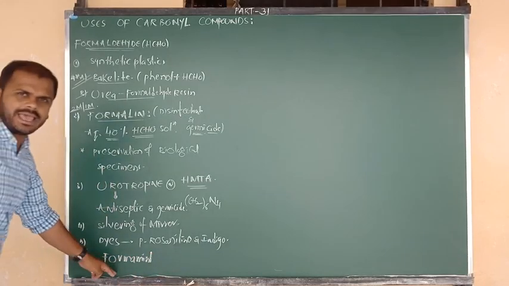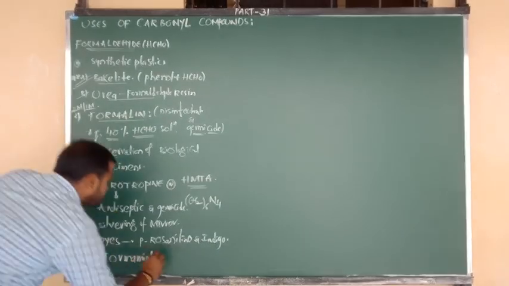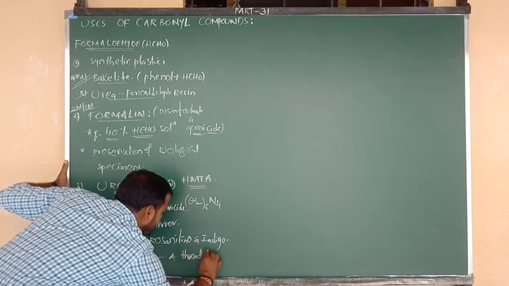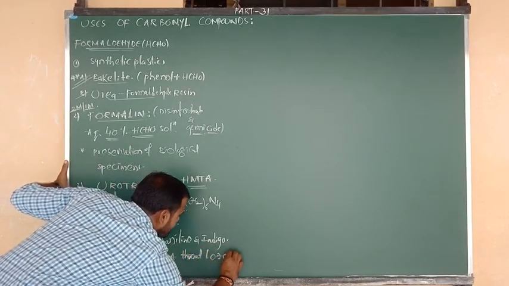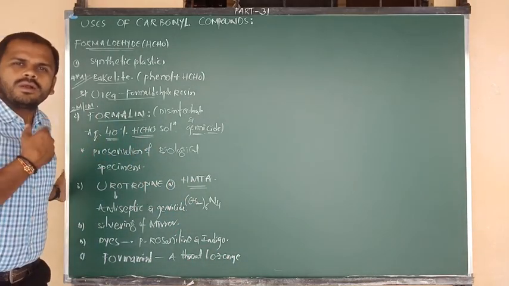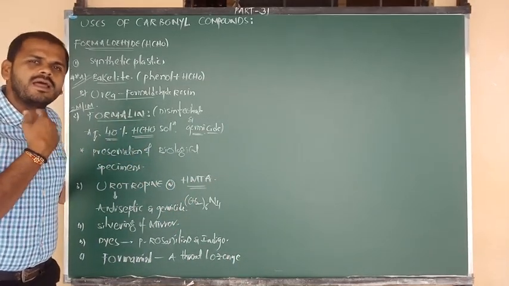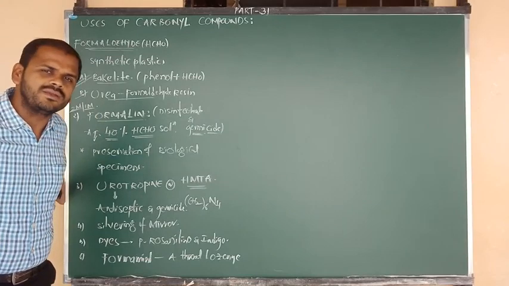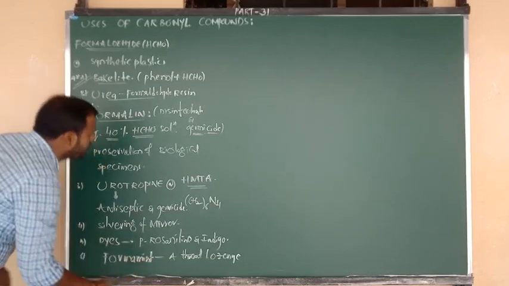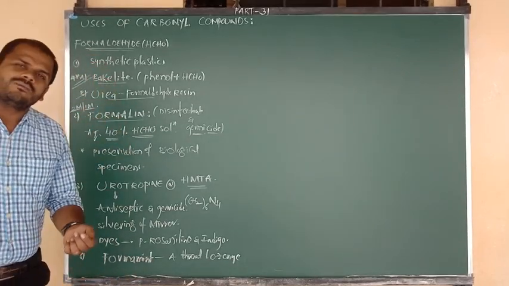Pharmamint. It is a throat lozenge. They are used in the treatment of tonsils and also throat infections. So the medicine name is Pharmamint. It can be prepared with the help of formaldehyde.